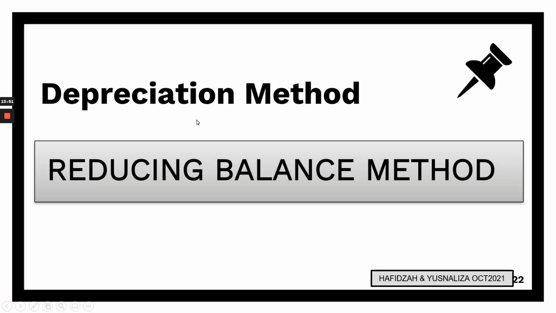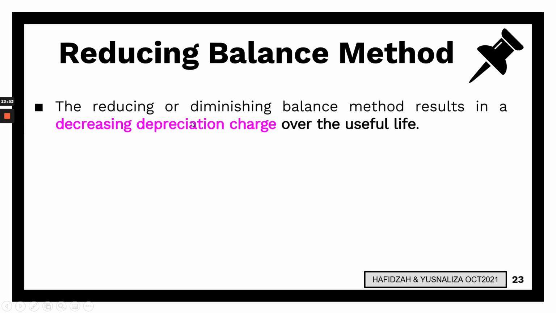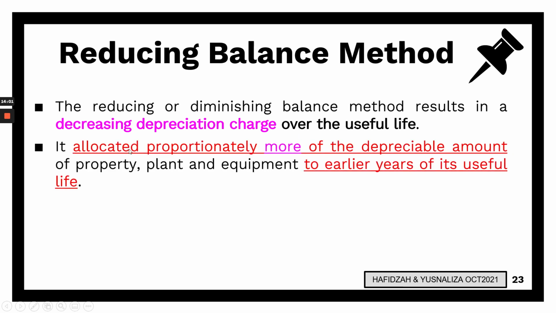The second method is the reducing balance method, where under this method you will see a decreasing or diminishing depreciation charge over the useful life. Depreciation is provided proportionately more in the earlier years as compared to the later years.